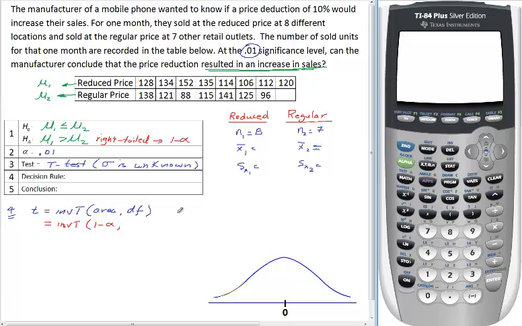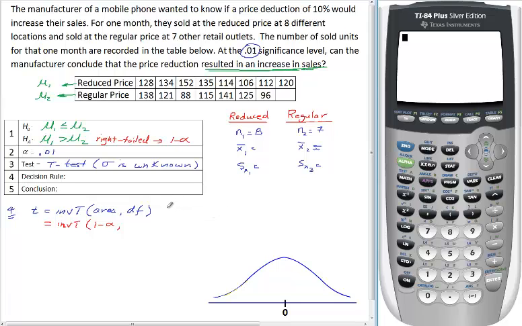Now degrees of freedom depends, when you're doing 2 sample t, on whether the data is pooled or not. What do we mean by pooling the data? Pooling the data means that if we can make the assumption that the standard deviations of both are the same or near equal, then we can pool the data and use 1 statistic versus using 2 statistics.